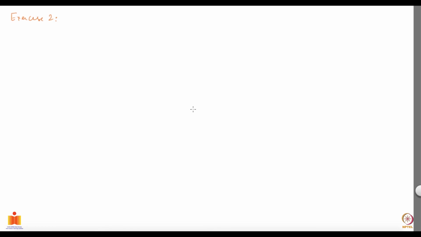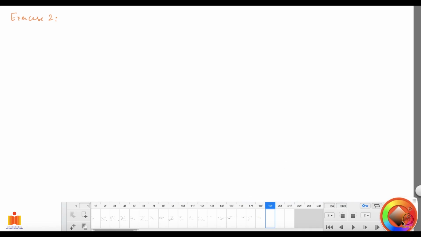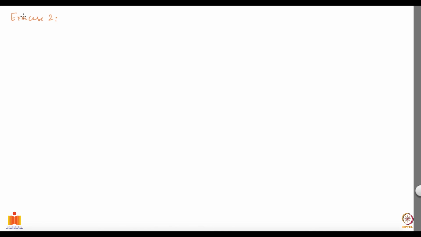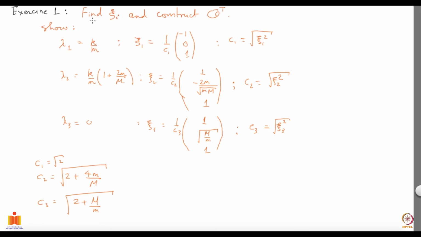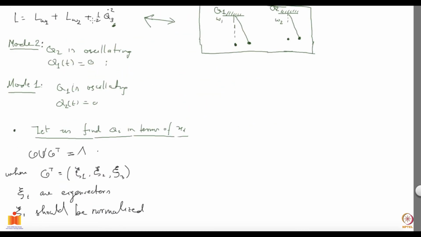Okay, I want to switch back to black color. Now you have to form O and O transpose, and as I showed earlier, our O transpose is just xi1, xi2, xi3, these three column vectors placed together, and check that when you have placed all these normalized xi1, xi2, xi3 into a matrix, they satisfy this.